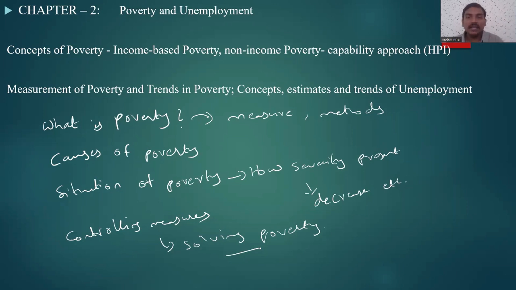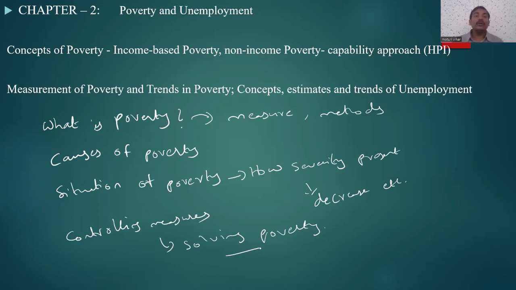So when we see the human poverty index, human development index, and multidimensional poverty index, which the UNDP and Oxford University have brought, that is the multidimensional poverty index. Now, how do we measure the multidimensional poverty index in India?